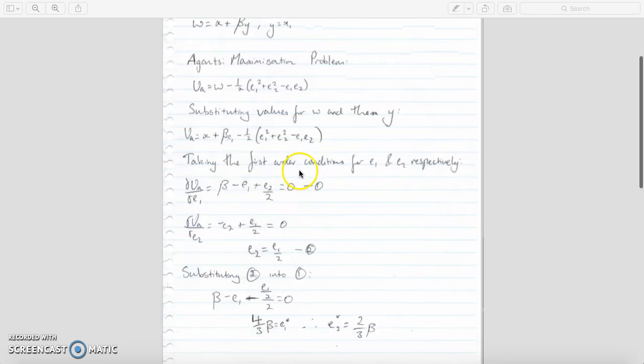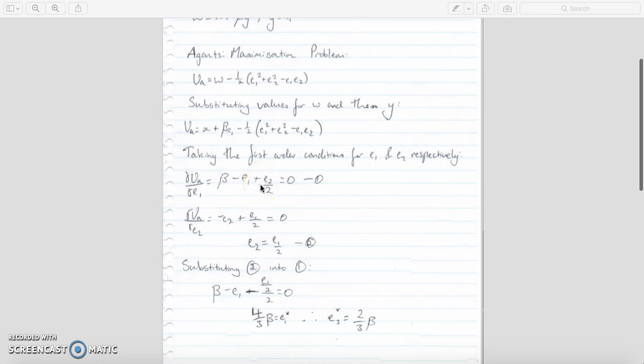So we substitute that in, and then as we're maximizing over e1 and e2, we differentiate the agent's utility with respect to e1 first, which gives us beta minus e1 plus e2 over 2, that's equal to 0.